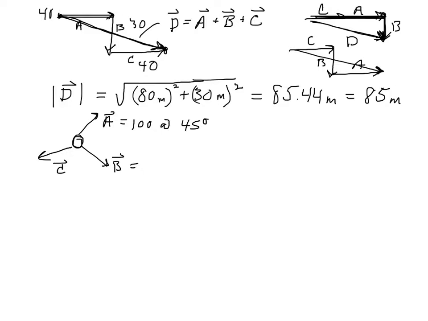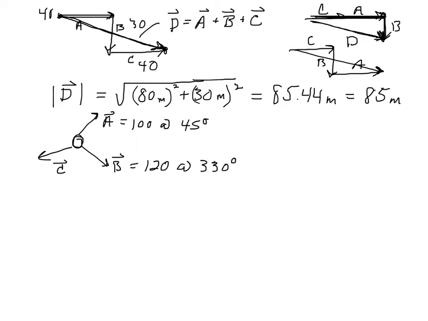Let's make them different though. Let's call B a force of 120, even though that's not really to scale, at, let's say, 30 degrees below the x-axis. So measured counterclockwise from the x-axis, that would be at 330 degrees.